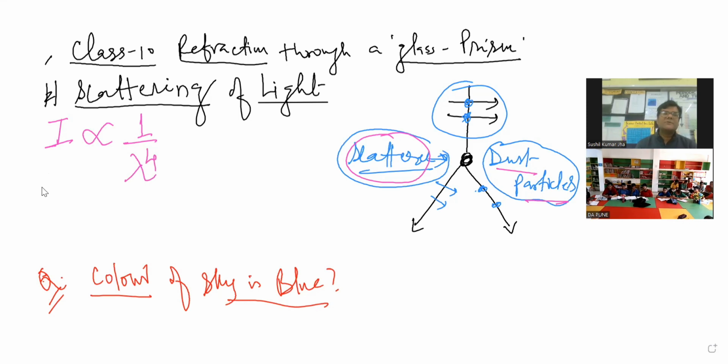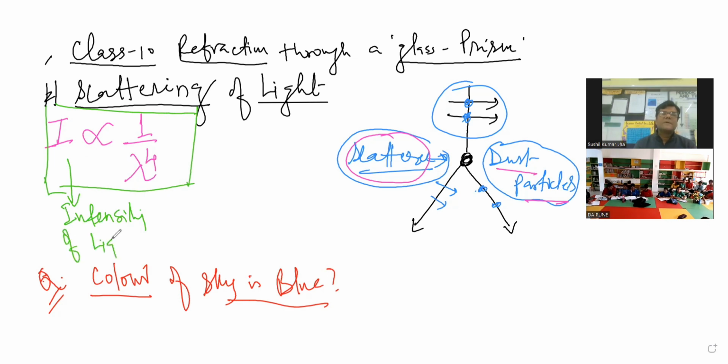Lambda stands for wavelength. This means the higher the lambda, the lesser the intensity.